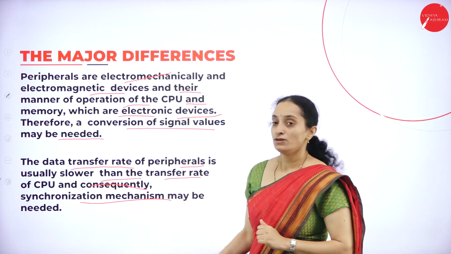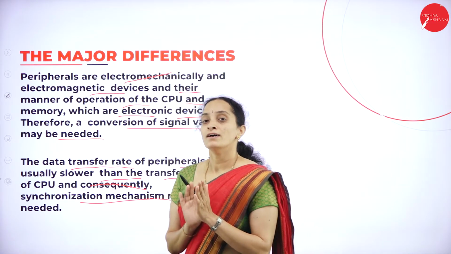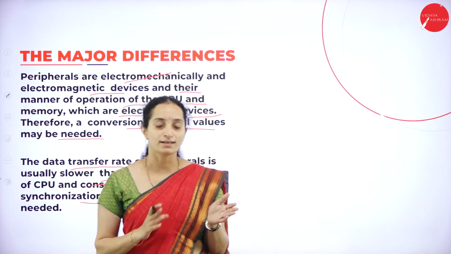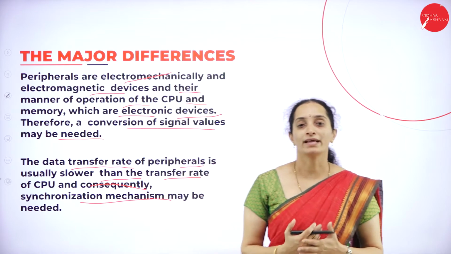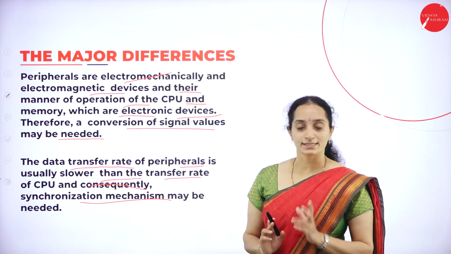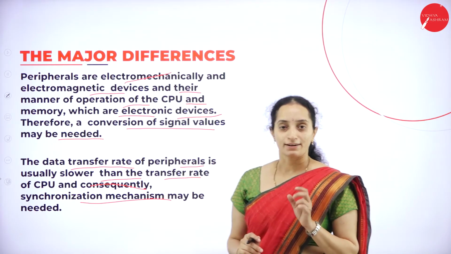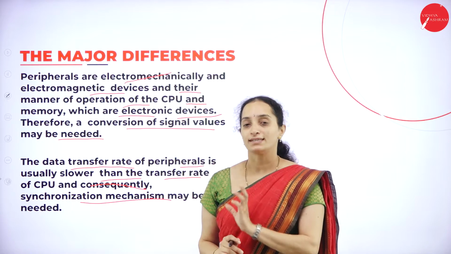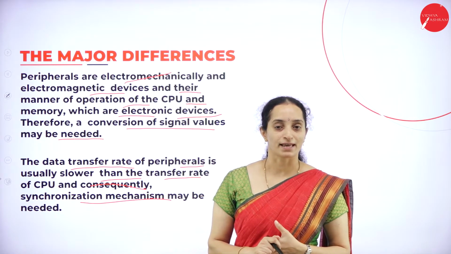Okay, now you need to make the synchronization, so that the speed of the IO devices and the processor is synchronized to make it work properly. For these things, you need a synchronization method to communicate. Therefore, we have the synchronous data transfer mechanism and asynchronous data transfer mechanisms.